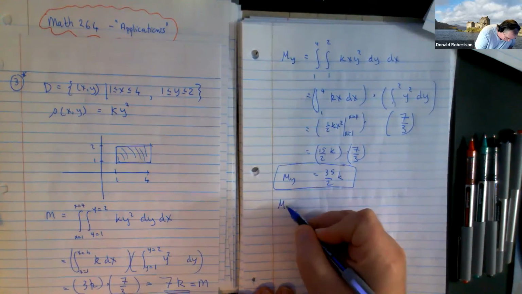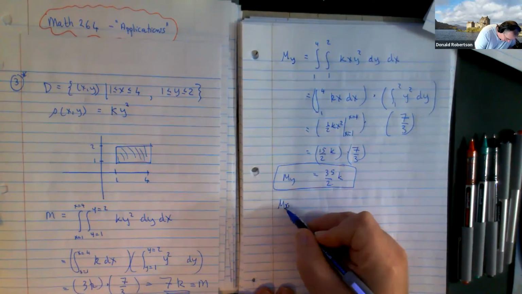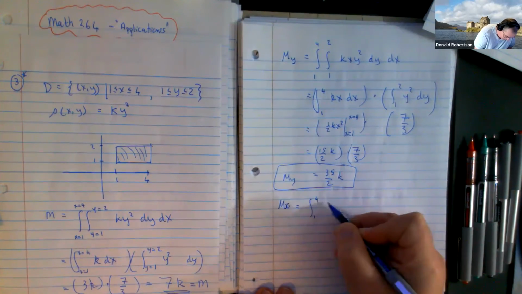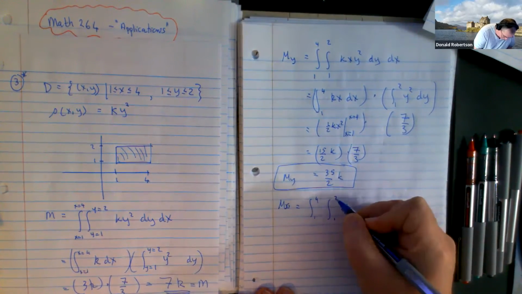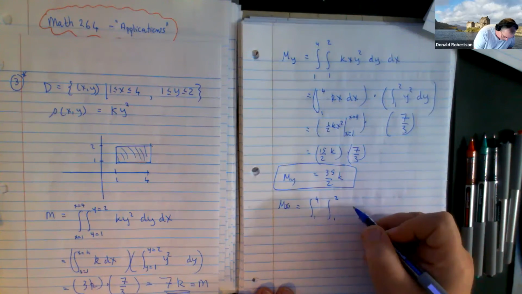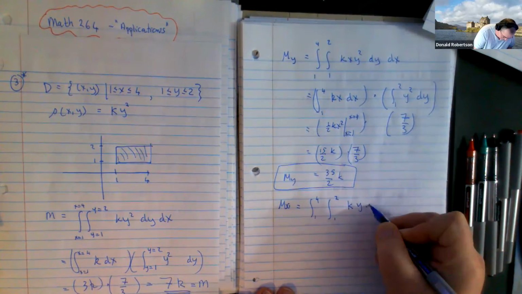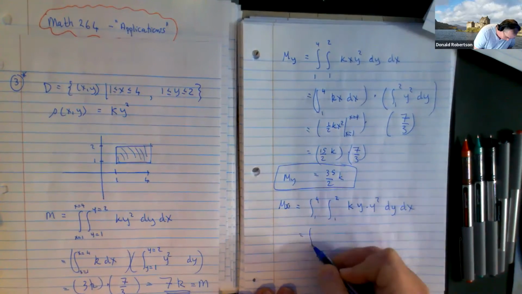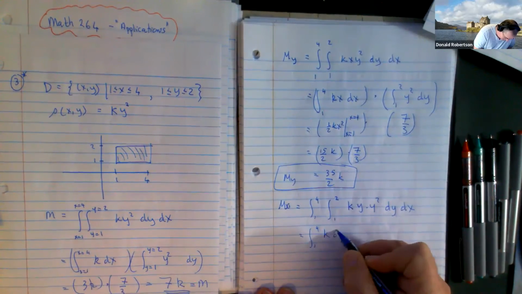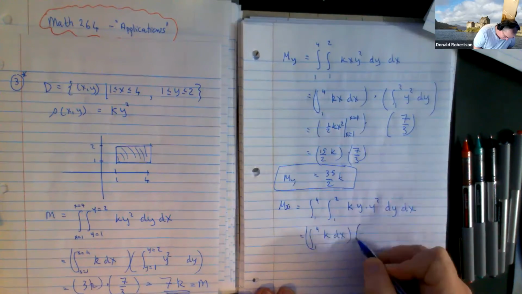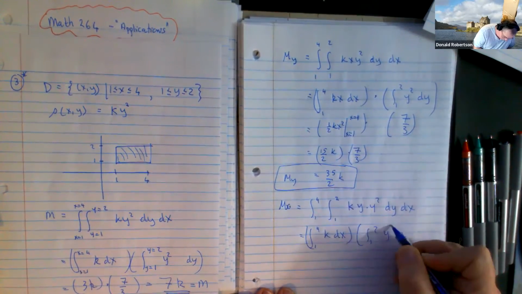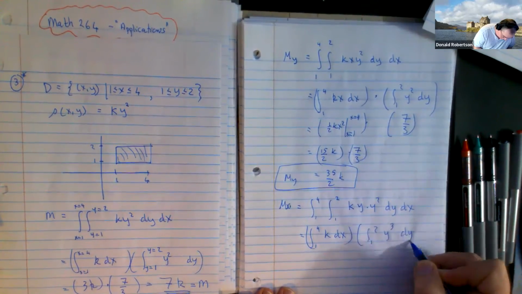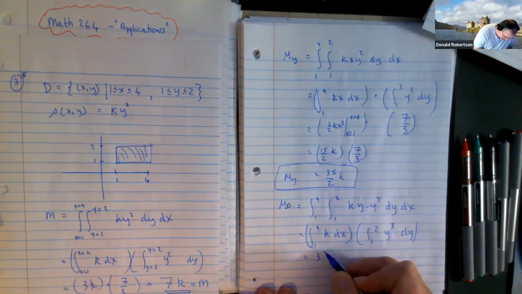And now if you do m of x, it's going to be the integral from 1 to 4, the integral from 1 to 2, and it's going to be k. What else are we getting? ky times y squared. There we go. So that's going to be the integral from 1 to 4 of k, and then the integral from 1 to 2 of y cubed. And that guy just gets you 3k.